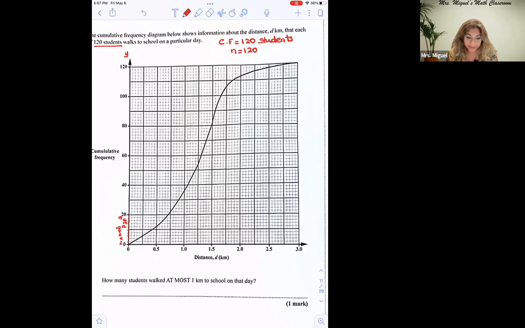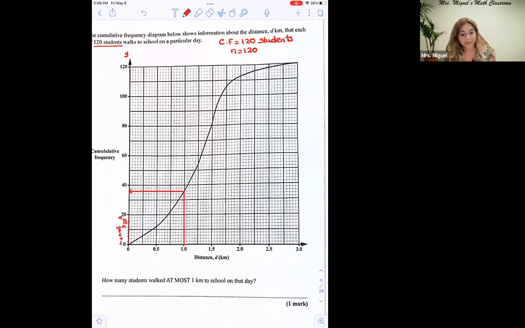Now, I'm going to give you a minute. How many students walked at most 1 kilometer on that day? So 1 kilometer, we're going straight across on your graph and you're going to meet the y-axis and read off that value for me and write it in your book.